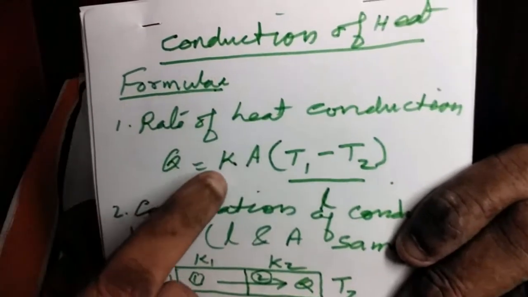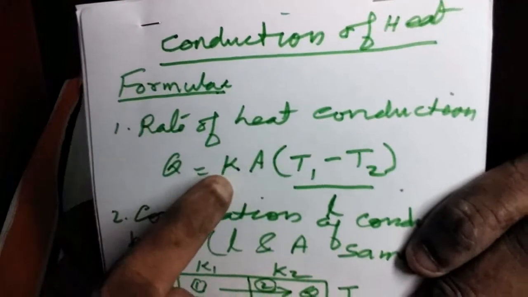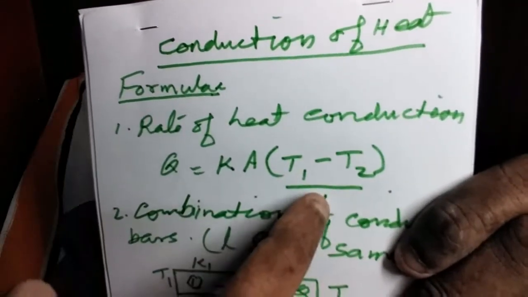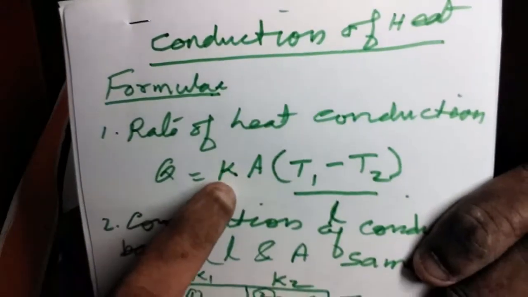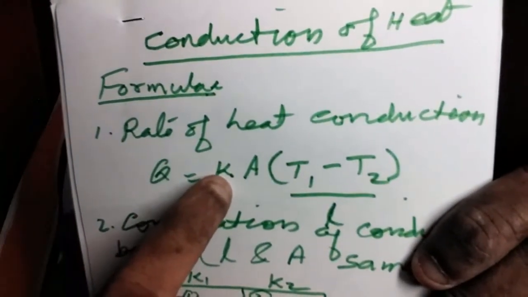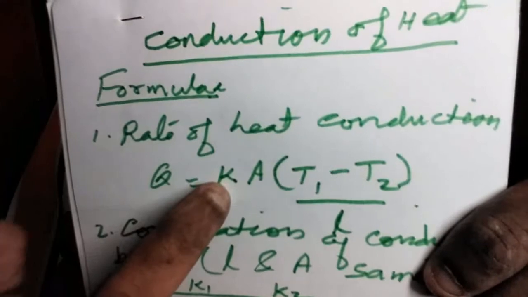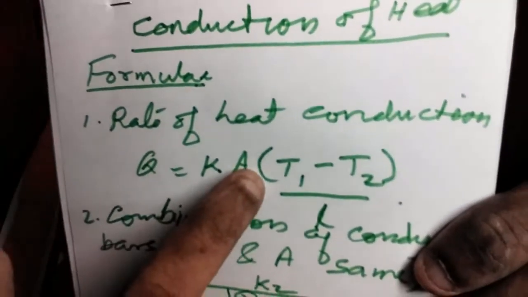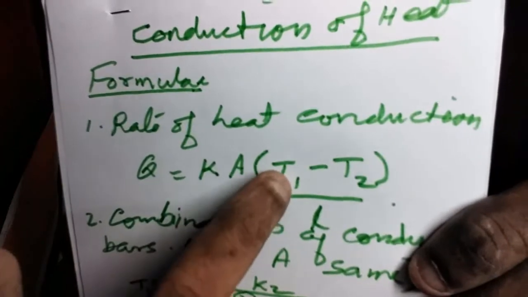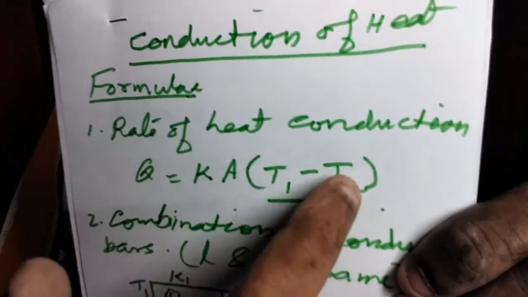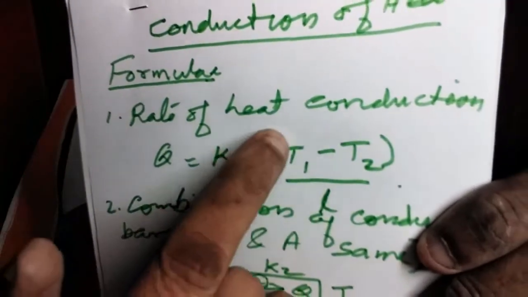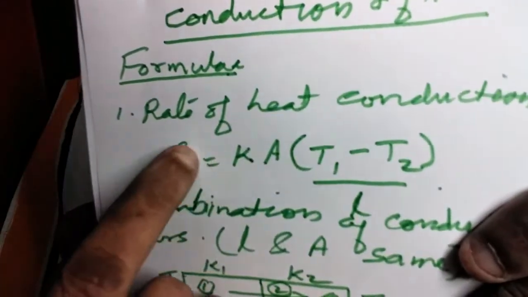This is equal to K or kappa, K into A into (T1 minus T2) by L, where K is the coefficient of thermal conduction or thermal conductivity. A is the area of cross section of the material. T1, temperature of the hot end. T2, temperature of the cold end. L, length of the material.